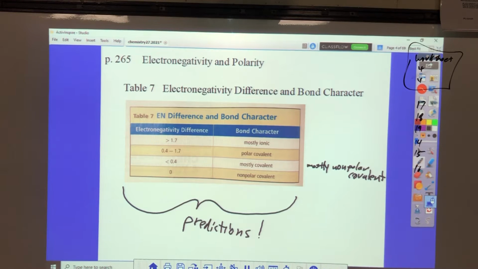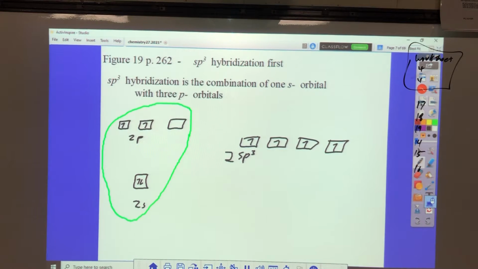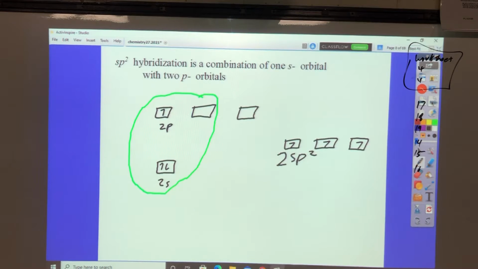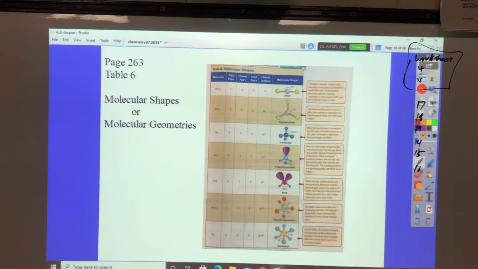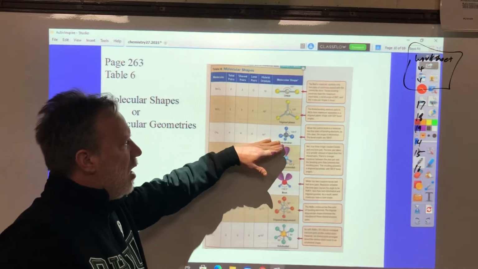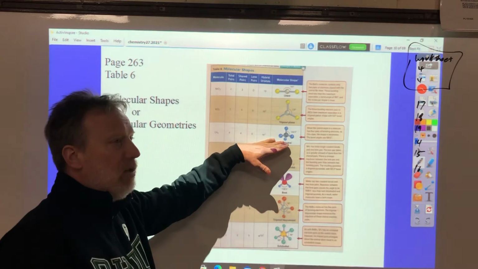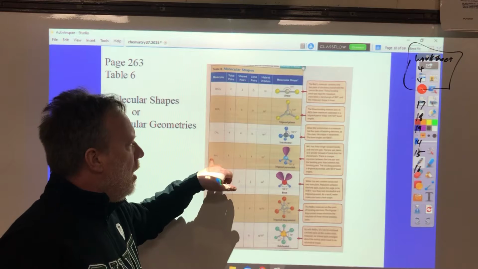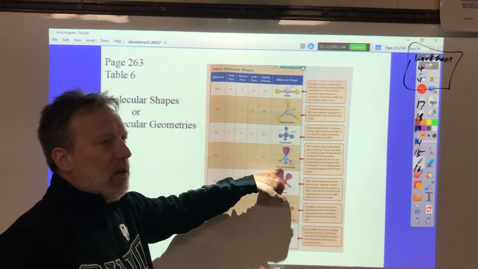Let's go onward. We were talking about, and there I included this schematic here. I got that one in there. I also included from page 263, table 6. I started off in the last video, we talked about tetrahedral for methane, which is carbon, CH4. Ammonia is NH3, it's trigonal pyramidal.